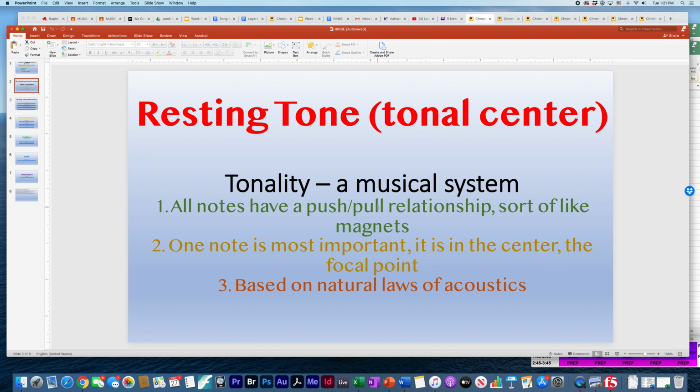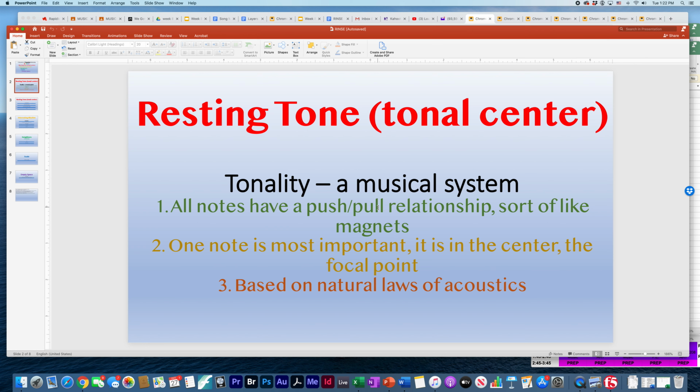The first is all notes have a push-pull relationship with each other, sort of like magnets. The second is there is one most important note. It's the center or the focal point, and we call that note the resting tone or the tonal center. The third is that this system is based on the natural laws of acoustics.